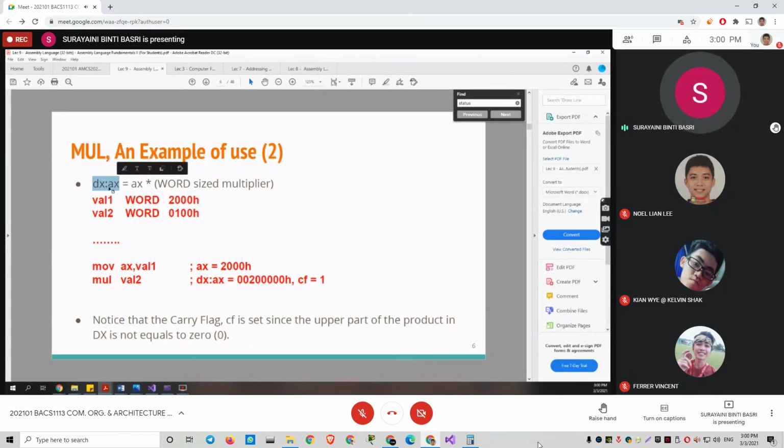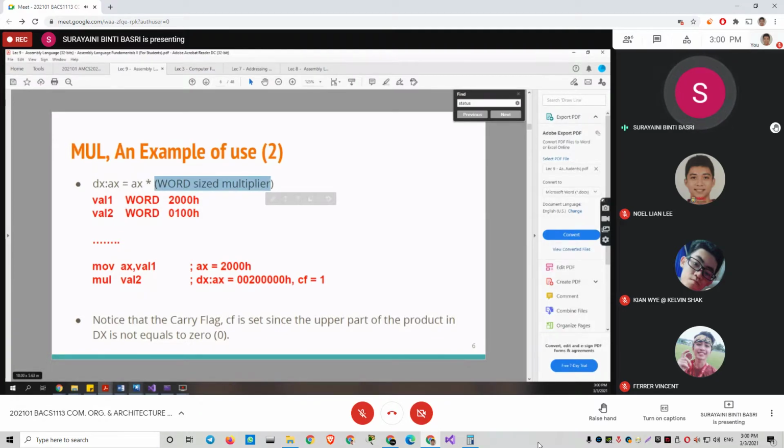The syntax or formula to do the 16-bit multiplication is this one. The result will be stored at DX and AX, and you need to store a value into AX and then multiply it with another value.